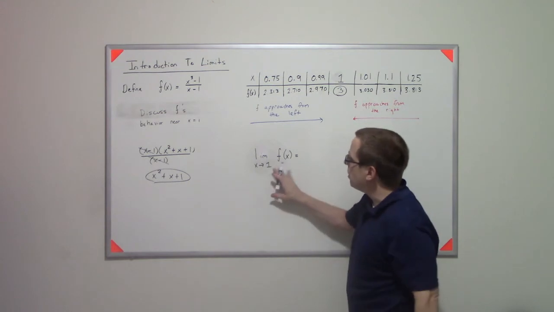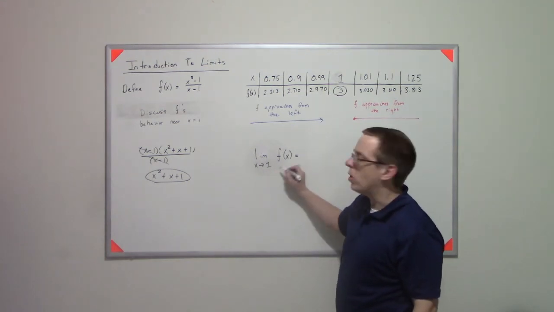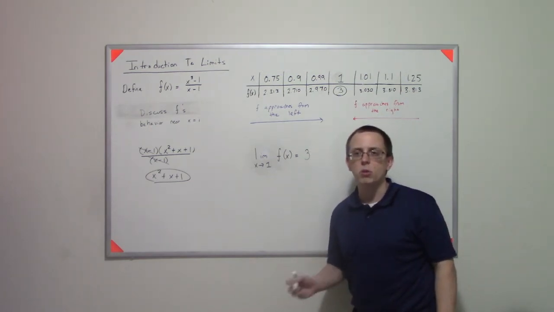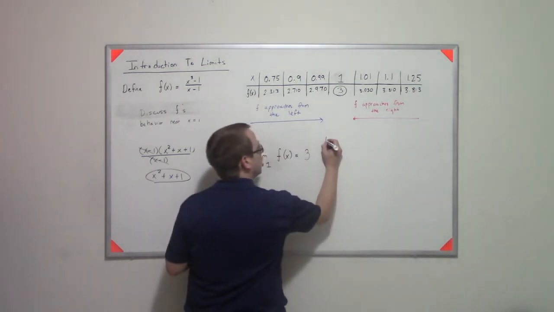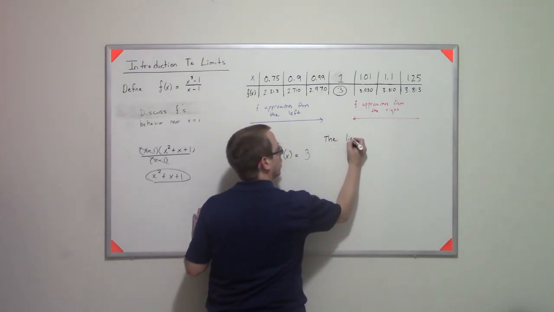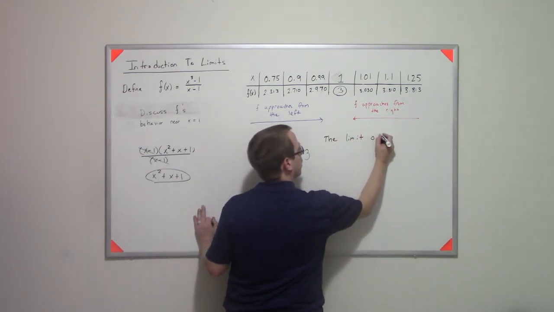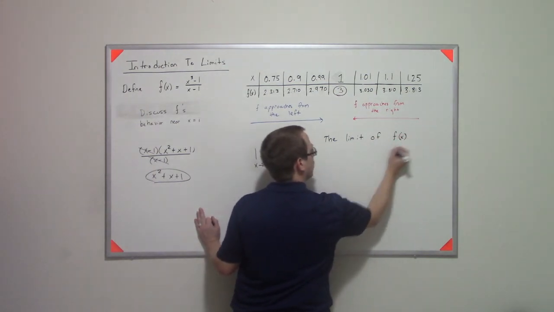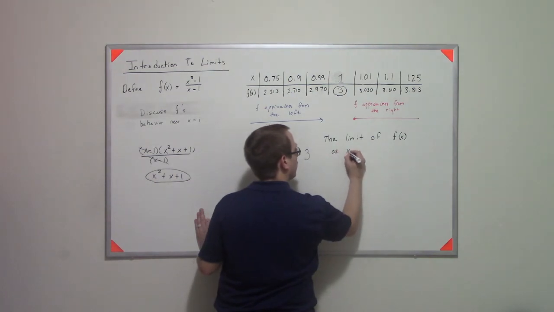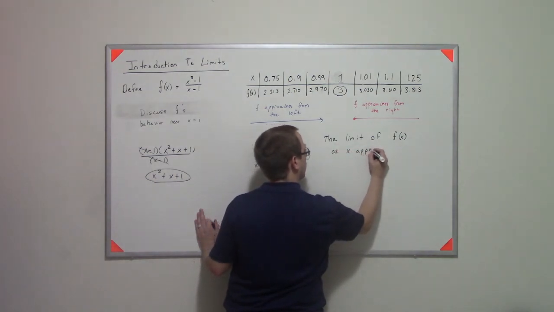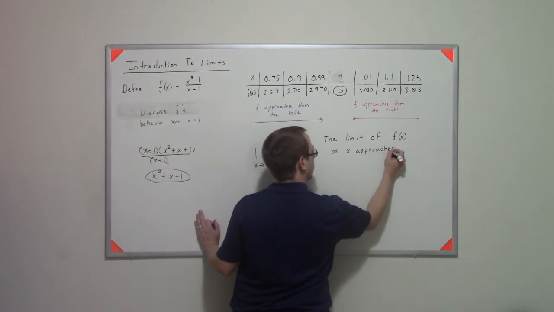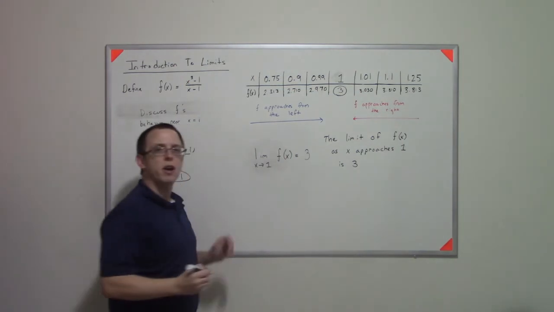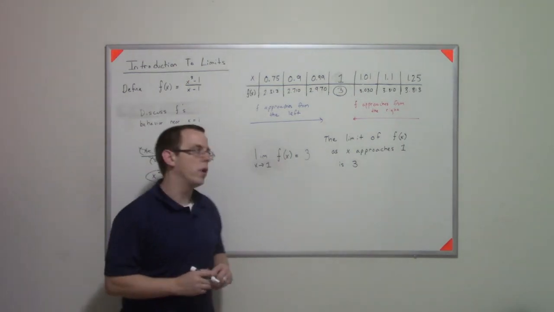So we say that the limit as x approaches 1 of f of x is 3. And I'm going to write that out in the terms that you're going to be used to hearing. The limit of f of x as x approaches 1 is 3.